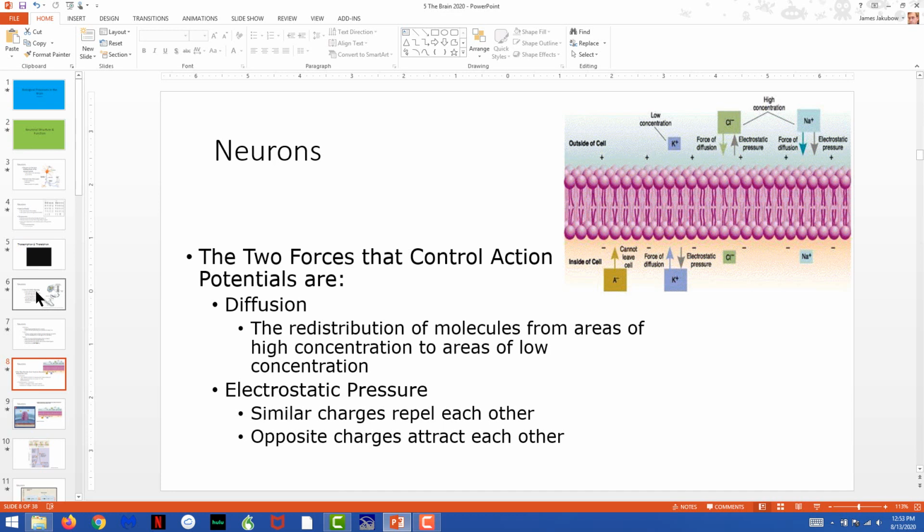However, potassium is positively charged, and therefore it's attracted to the inside of the cell because it is overall negatively charged, and therefore the process of electrostatic pressure is going to keep the potassium on the inside of the cell. The large anions, shown in the figure next to potassium, don't travel through the membrane. They stay on the inside of the cell at all times, and we never even talk about them other than to just refer to them as a background condition to help establish a negatively charged inside of the cell.